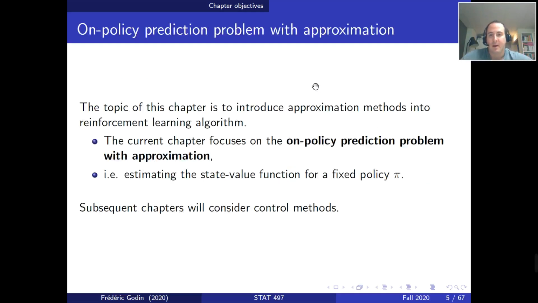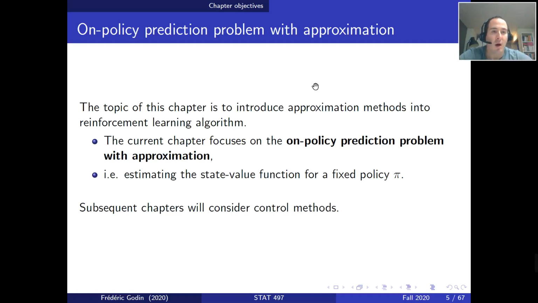Okay, so the main topic of this chapter is in fact to introduce these approximation methods where we will approximate the value function based on some parametric approximation, and we will introduce these approximations into reinforcement learning algorithms.